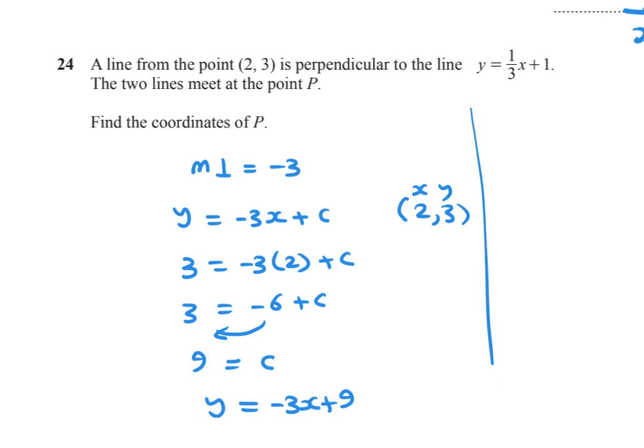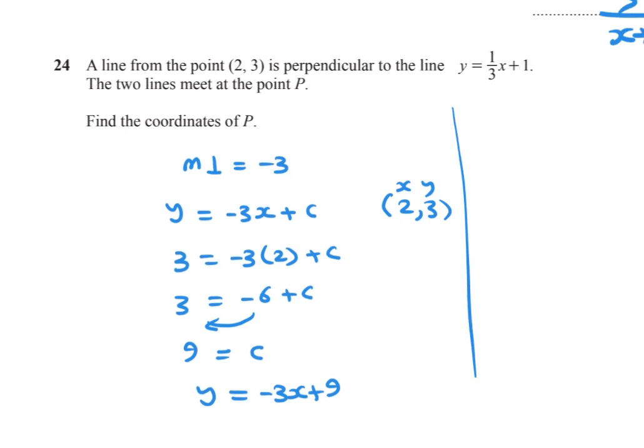Now to find the intersection point, we have two equations: y equals 1 over 3 x plus 1, and y equals negative 3x plus 9. Solve them simultaneously by substitution. So 1 over 3 x plus 1 equals negative 3x plus 9.